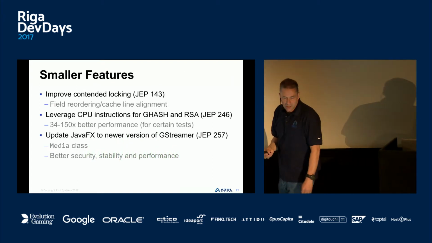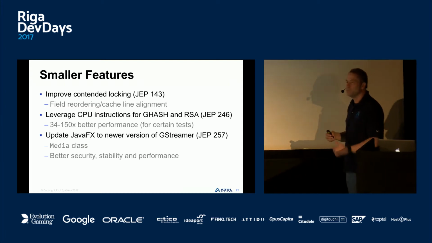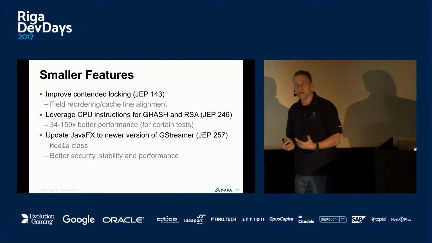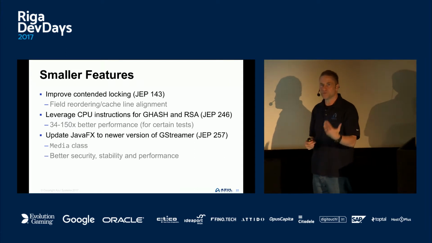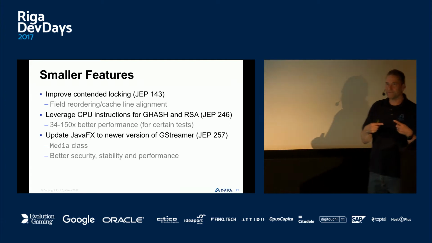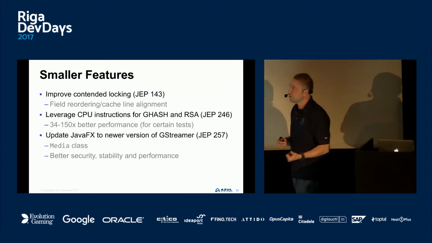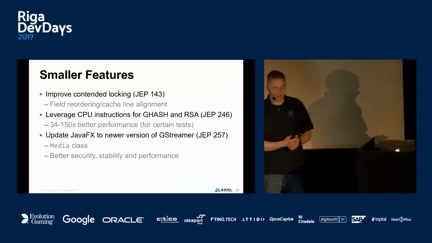Smaller features, improved contended locking. So this is again very internal to the JVM. You won't see any difference from the point of view of your programming, but what it does is some reordering of the way fields are accessed in order to optimize the use of cache lines in the processor, so you get better performance out of it that way.